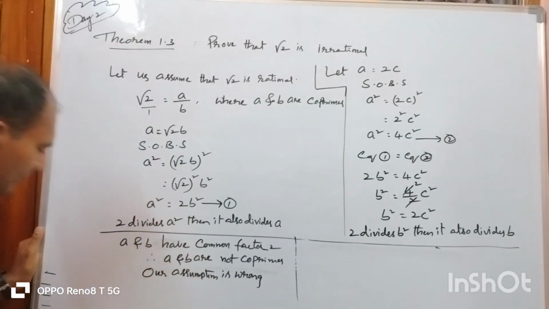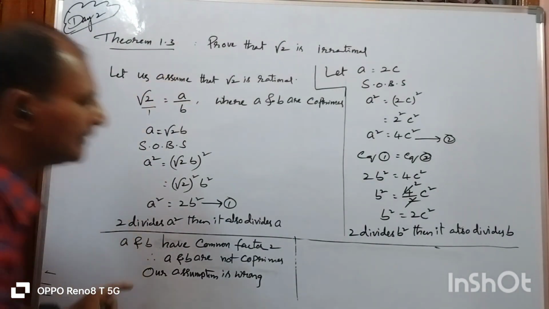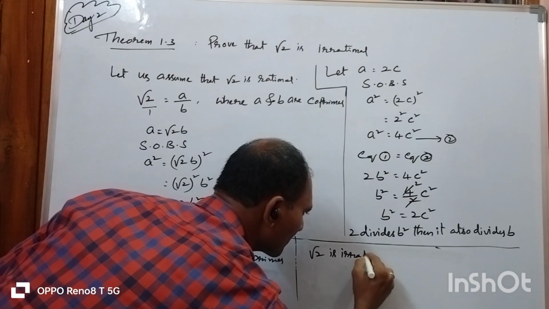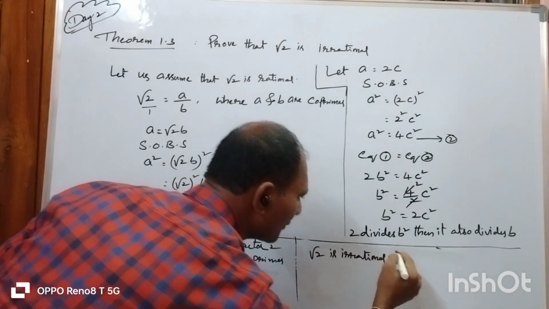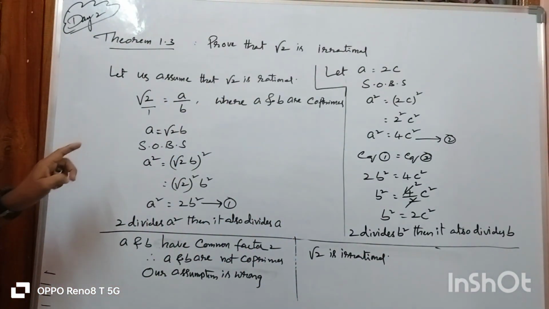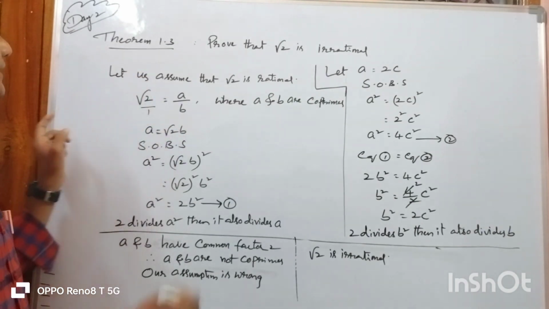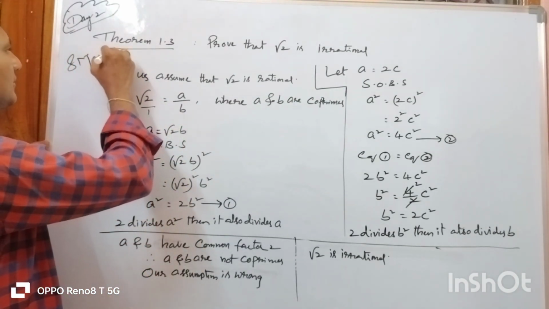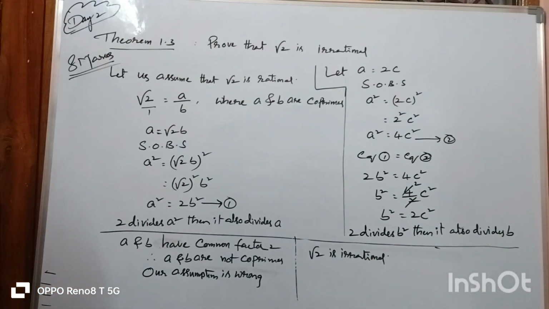Our assumption wrong means root 2 is irrational. Root 2 is irrational. This is very, very important for 8 marks.